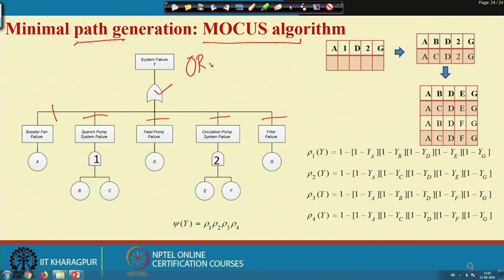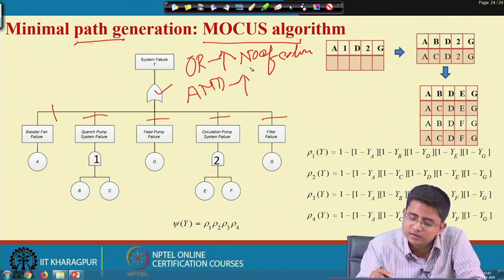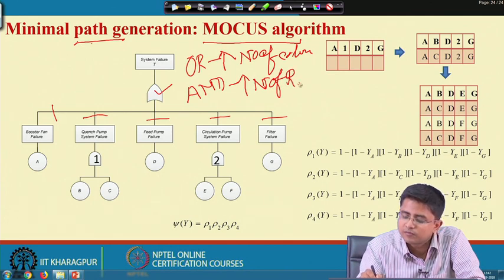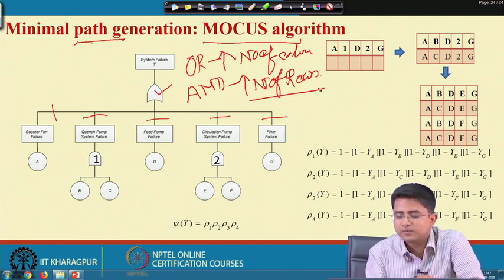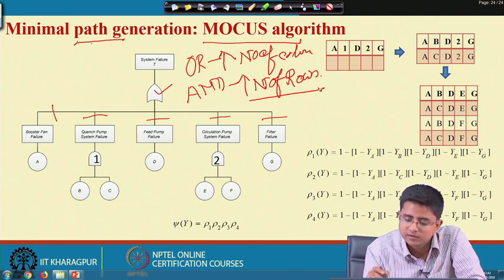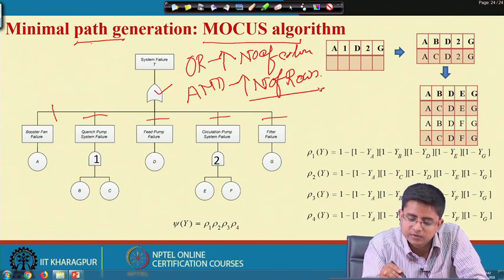So, for an OR gate, increase the number of columns, but for an AND gate, increase the number of rows. This is the difference between path representation and cut representation.